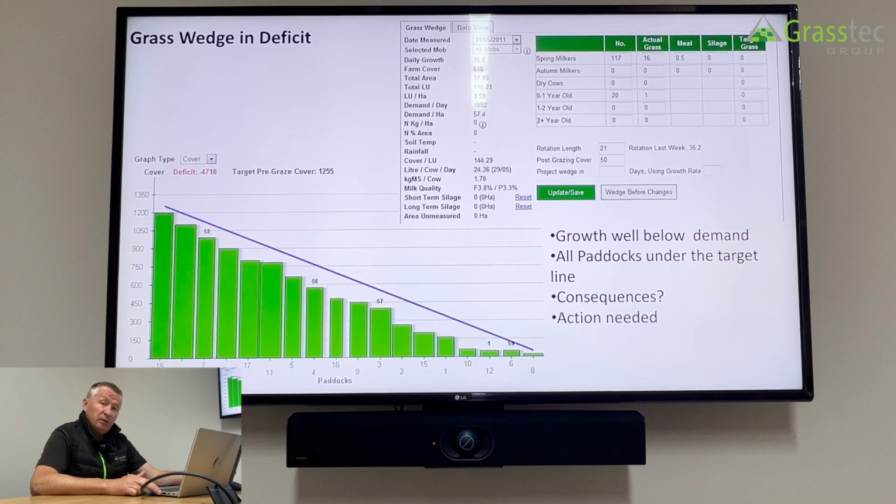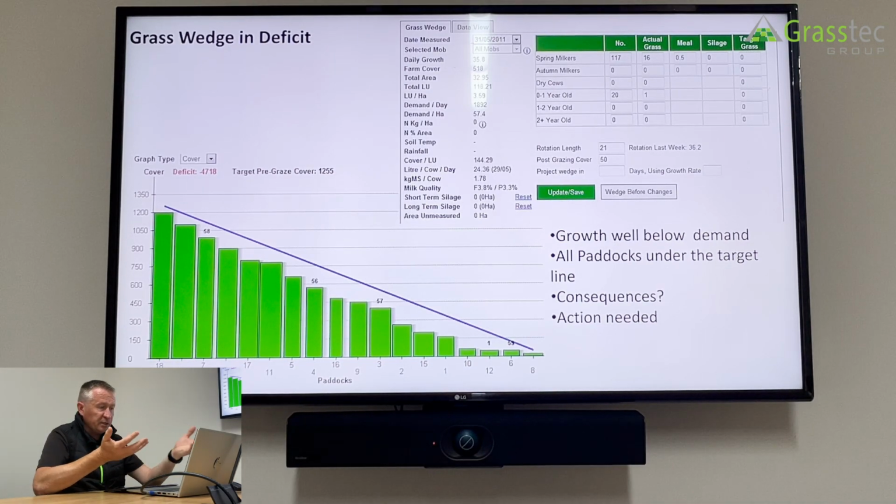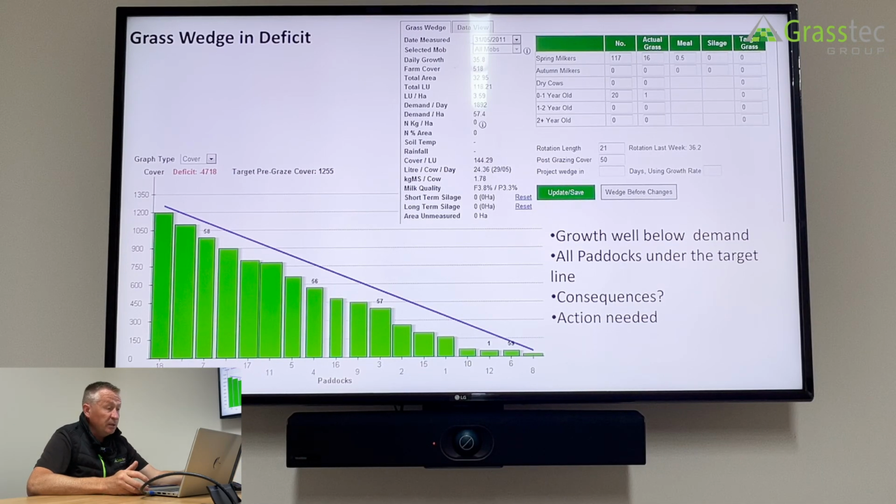So again, you're in control. In this situation, what you do is you reduce the demand. You can't automatically lift the paddock growth, because it's subject to ground conditions or weather conditions at the time in the main. So in this instance, what you do is you try to force that blue line down to where the grass supply is.